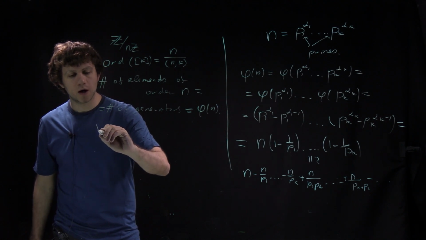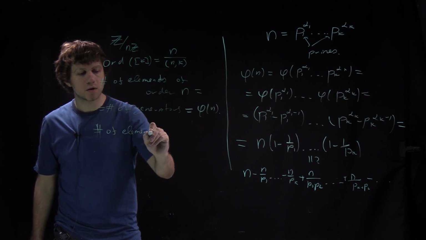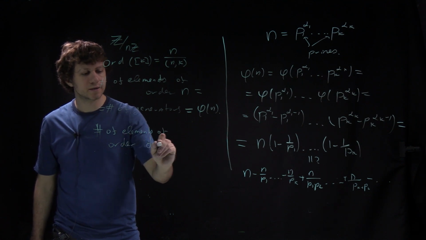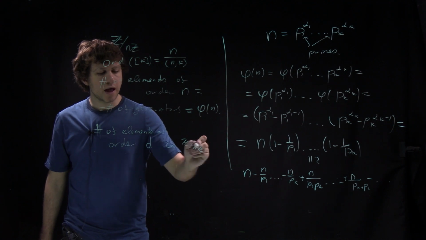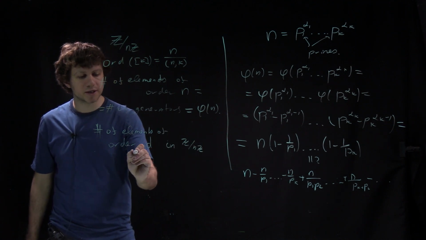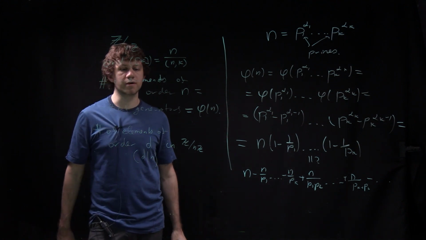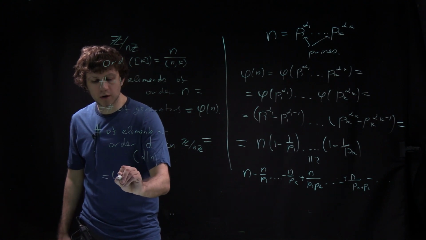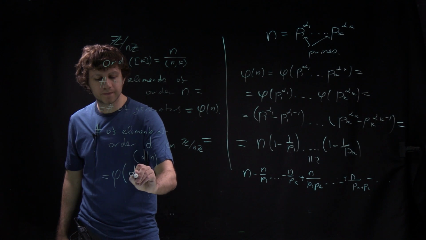Let's look at the number of elements of order d in Z over nZ. And of course d should be some number dividing n, otherwise you'll fail miserably finding such elements. And the answer is that this is equal to the Euler function of d.